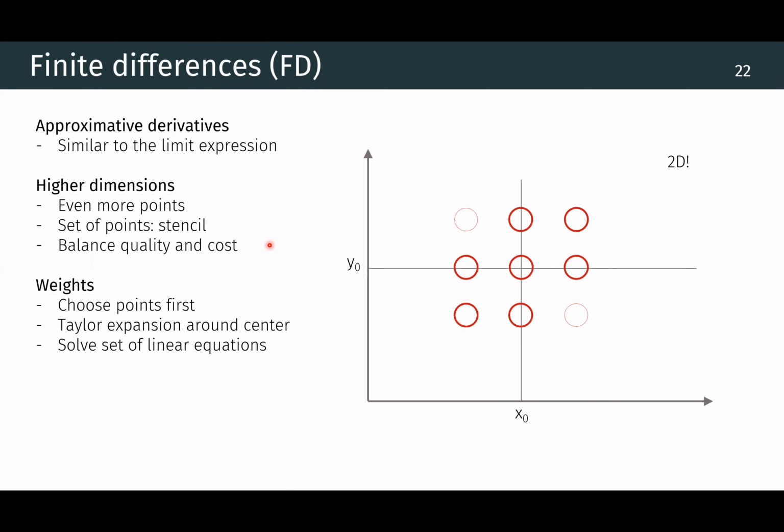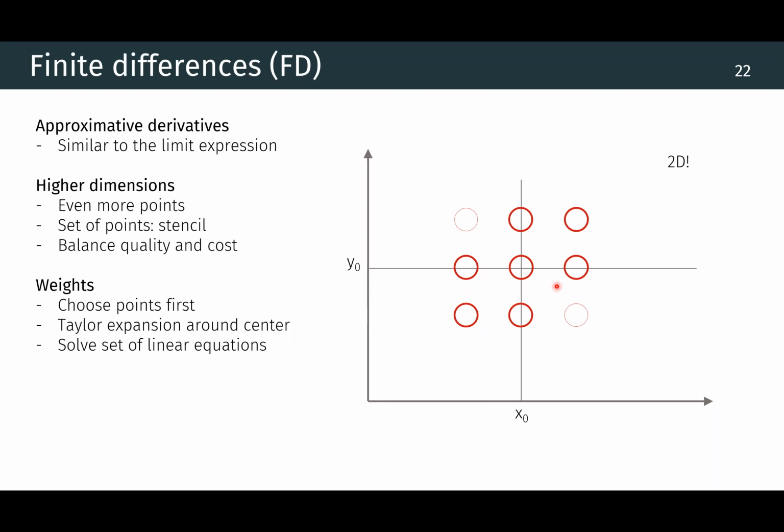So this set of points, all the points you evaluate in the context of finite difference, is called a stencil.